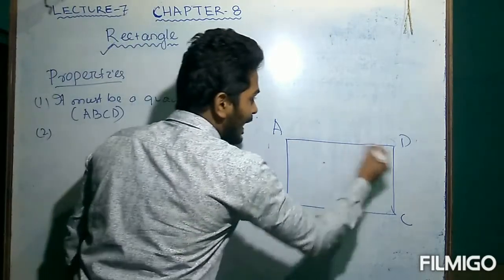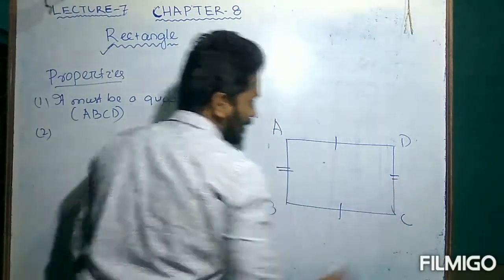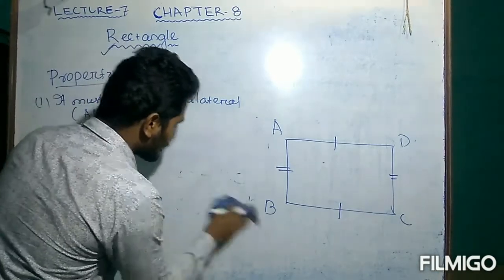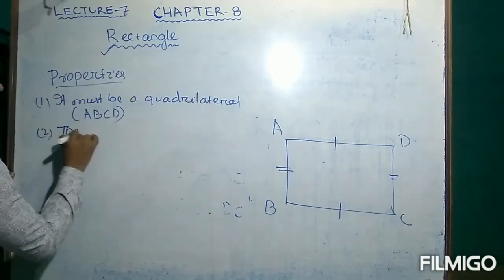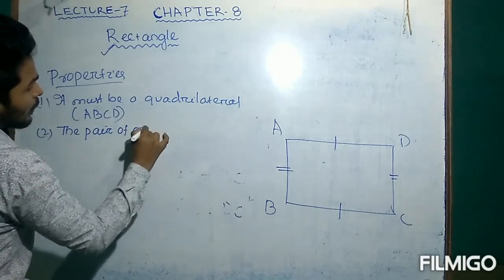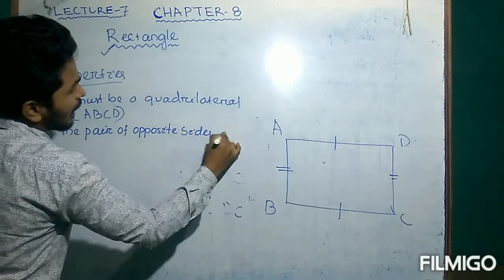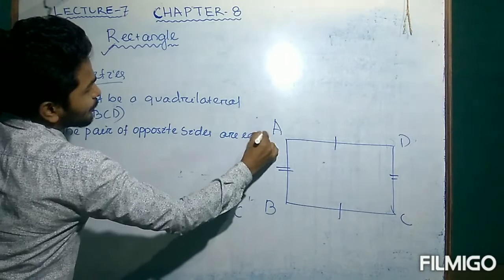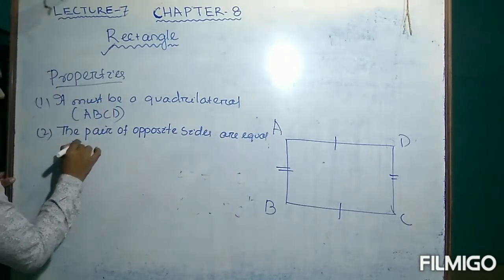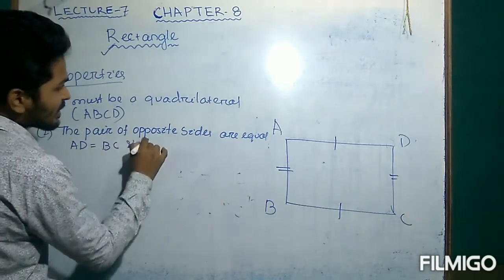It means AD is equal to BC and AB is equal to DC. Right? So you have to write the second property: the pairs of opposite sides are equal. So in this figure we can write AD is equal to BC and AB is equal to DC.